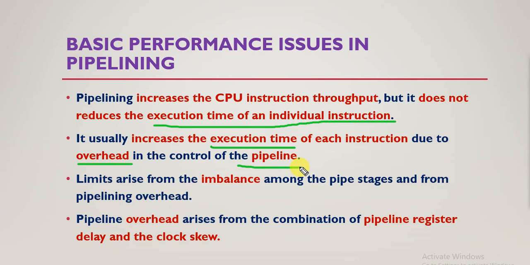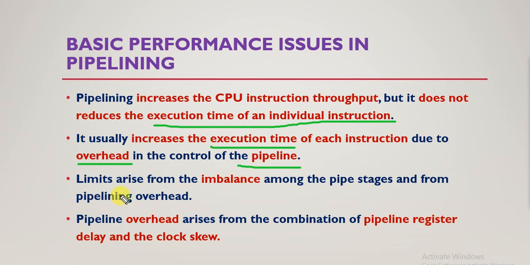Due to some problems that are part of the pipeline, there may be something extra to be done, or some delay in time, so that automatically the execution time will be affected for each of the instructions submitted to the computer system.